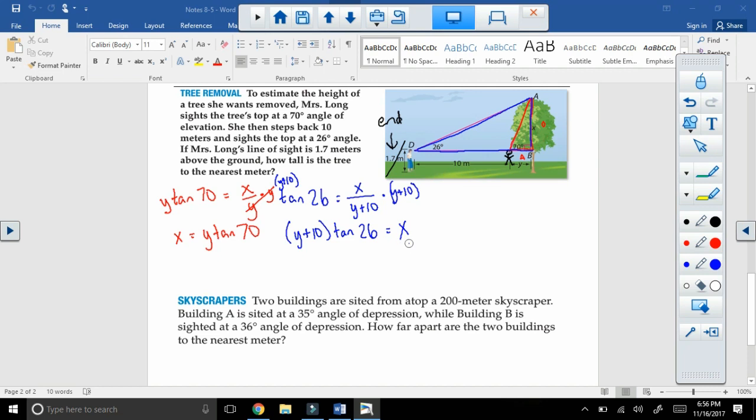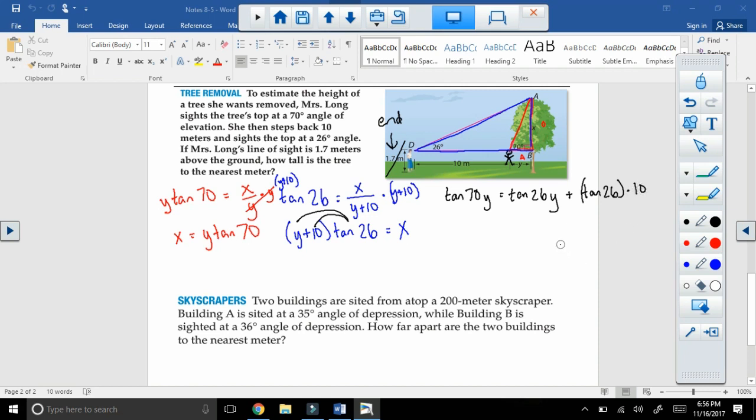So substitution would say, because these both equal x, I can set them equal to each other. So, you know what, I'm going to change this around and I'm going to write the tangent of 70y equals, and I'm going to distribute here, the tangent of 26 times y plus the tangent of 26, and I'll put that one in parentheses, times 10.